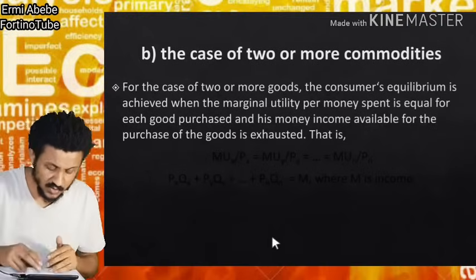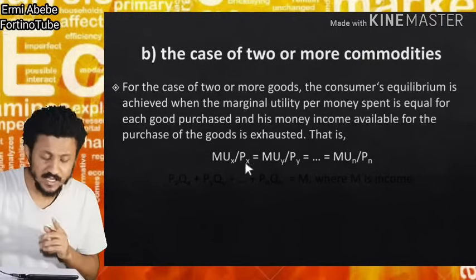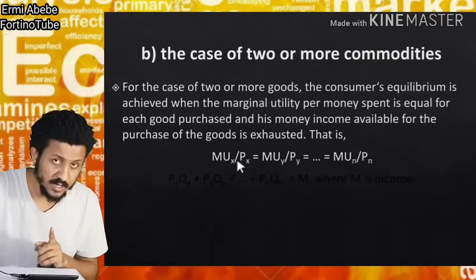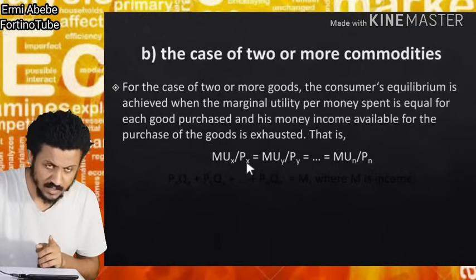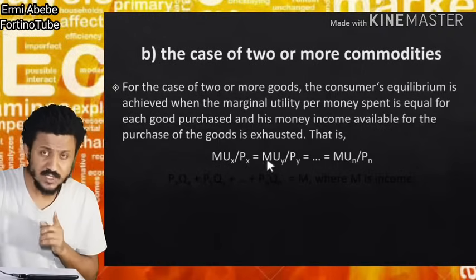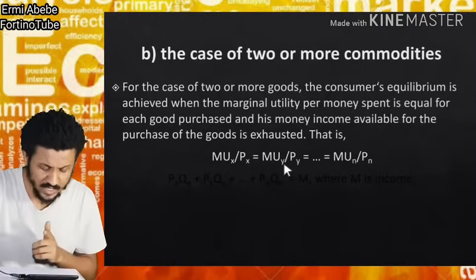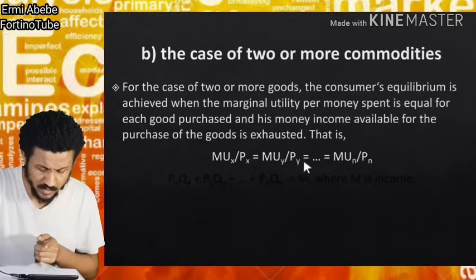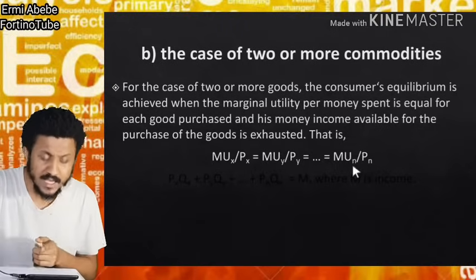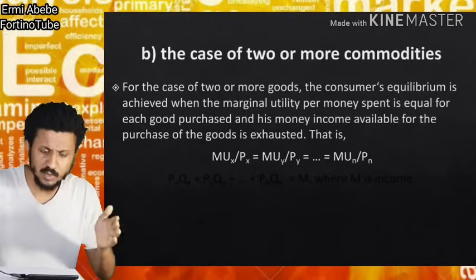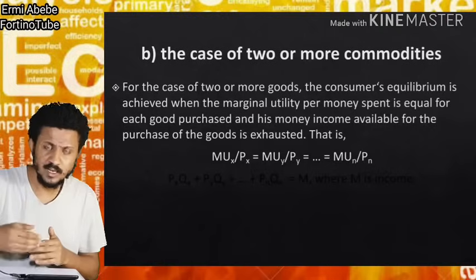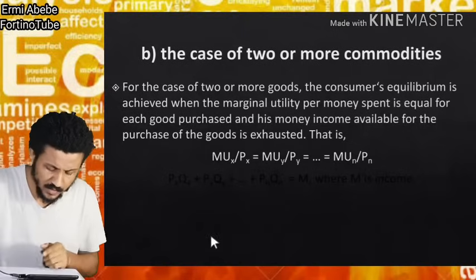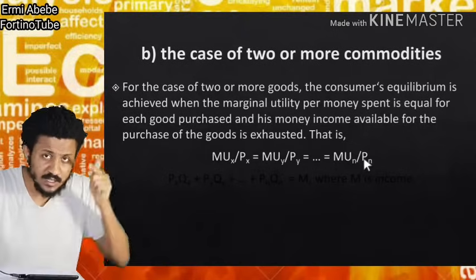So in terms of formula, the first criteria is marginal utility of the first product x divided by the price of that product must be equal to marginal utility of the second product y divided by the price of this second product y, equals again up to n. አሁን 3 ካለ አቮካዶ ካለ ሶስተኛው ይሆናል, አራት ከሆነ አራት ብቻ, up to n ያሉት ኮሞዲቲዎች በሙሉ their marginal utility divided by their price must be equal to each commodity ማለት ነው.